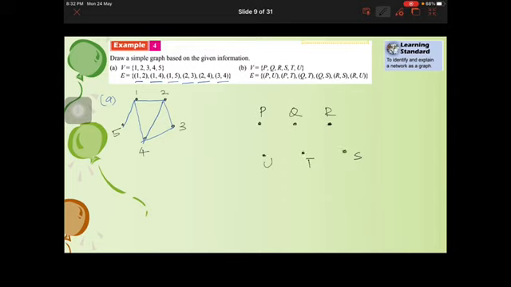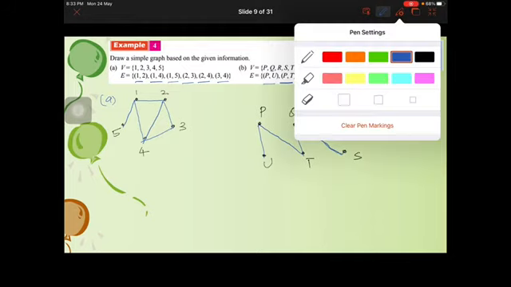Okay, so now we have PU, connect P and U, then PT. Connect P and T, and then QT, QS. Sorry, QS. It should be a straight line.